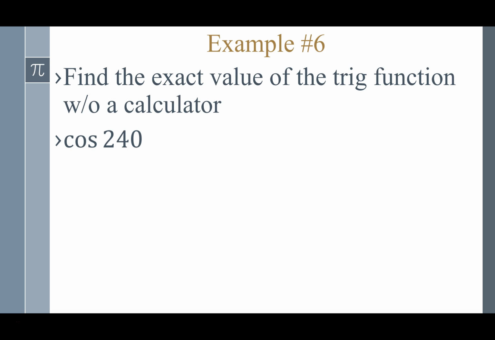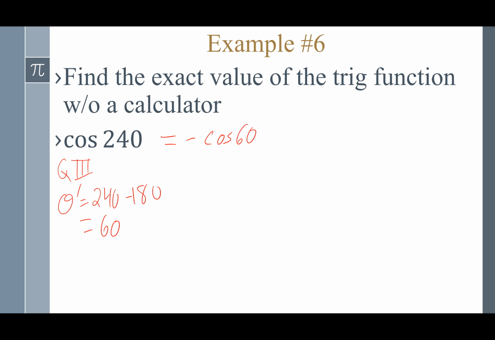First thing, we need to identify the quadrants. 240 is in quadrant 3. So our reference angle would be 240 minus 180, which is 60. So this is equivalent to cosine of 60. Now, in quadrant 3, cosine is negative. So it's really equivalent to negative cosine 60.